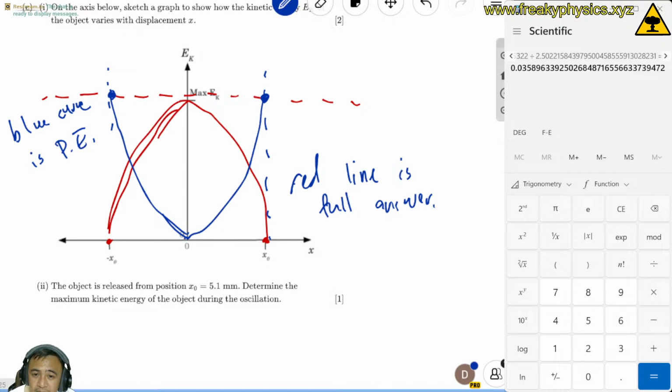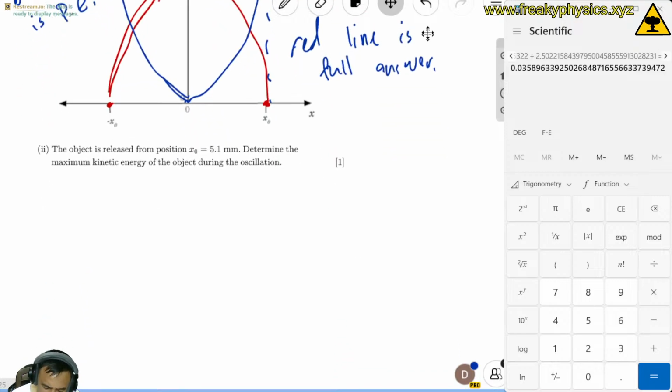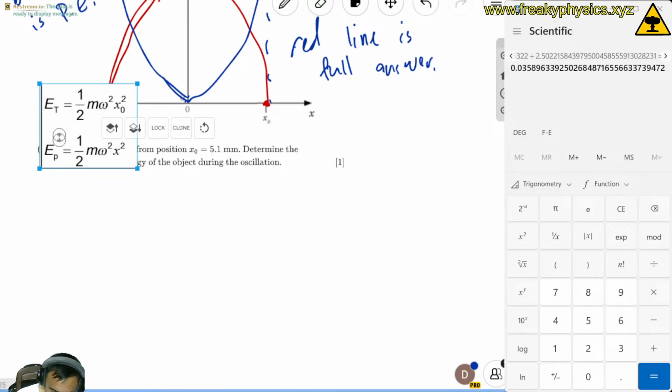Where is it? Energy. Simple harmonic oscillator should be in HL. Doppler effect. Here we go. Energy, the total energy. Here we go. I'll just copy the two equations. The two equations you will need are these.